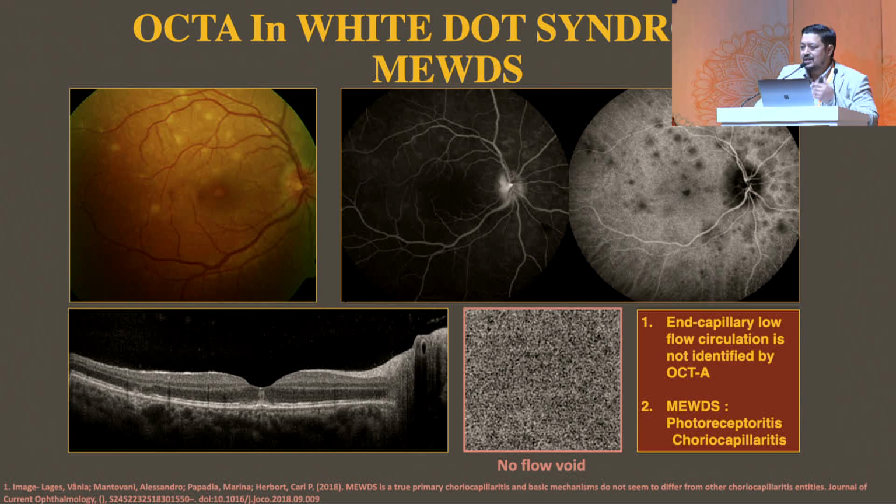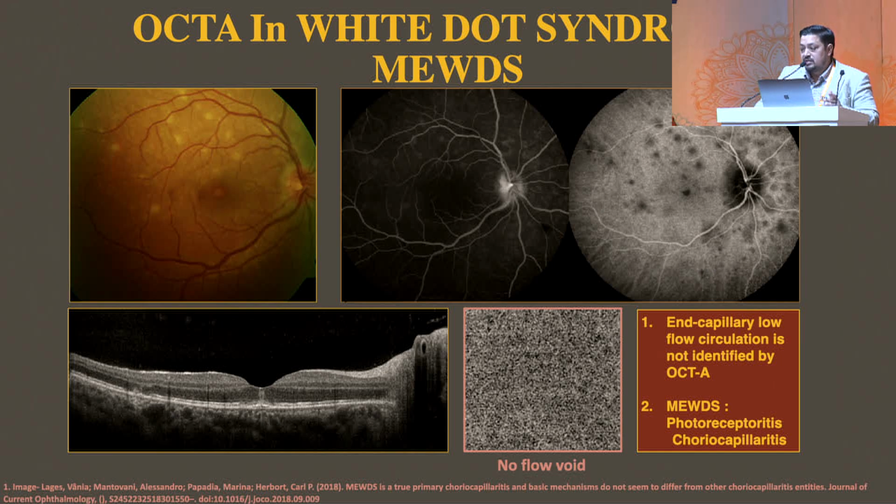So how does OCT angiography help you differentiate from the other white dot lesions? Another white dot lesion is multiple evanescent white dot syndrome, which looks like these pinpoint white lesions, seen on OCT as outer segment, photoreceptor segment loss.